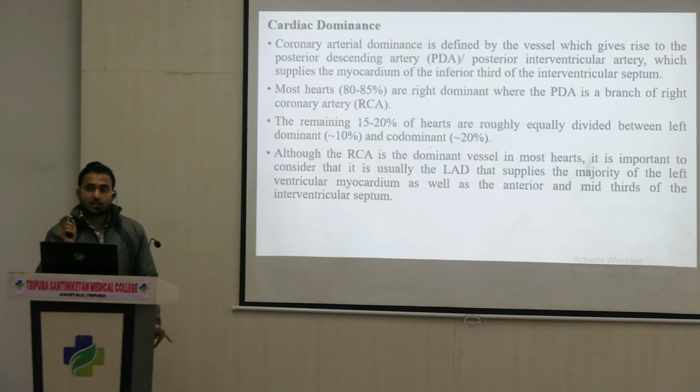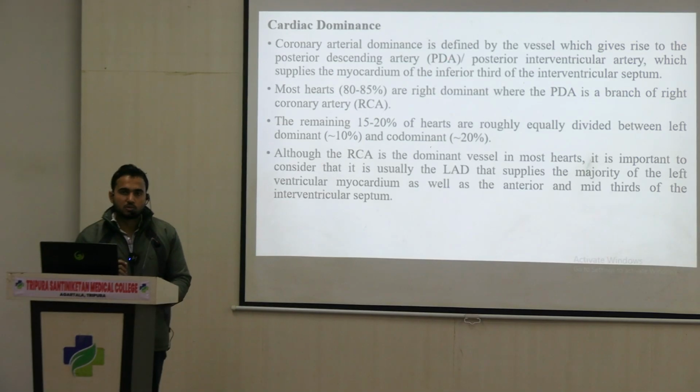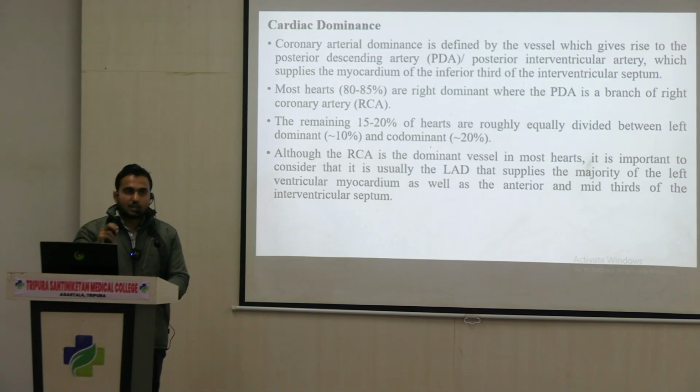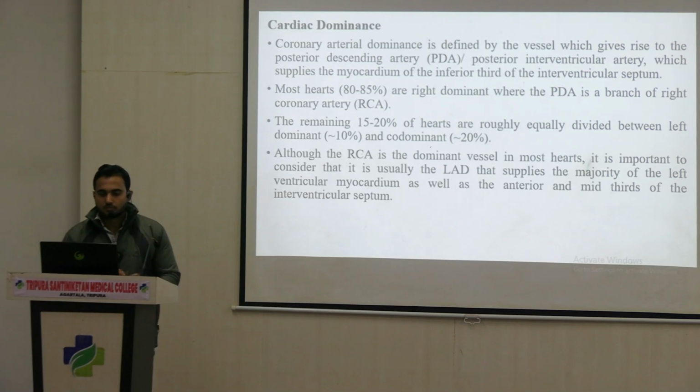So these are the terminologies which you must know. Because in some question papers, instead of posterior interventricular, they will write PDA, and you will get confused. What is PDA? We have never heard about this, but actually it is nothing but the posterior interventricular branch. So every time the clinical terminologies must be known by the students.